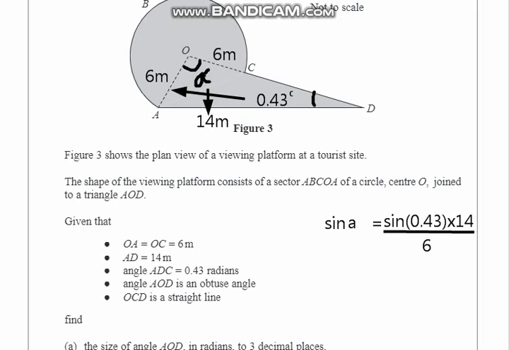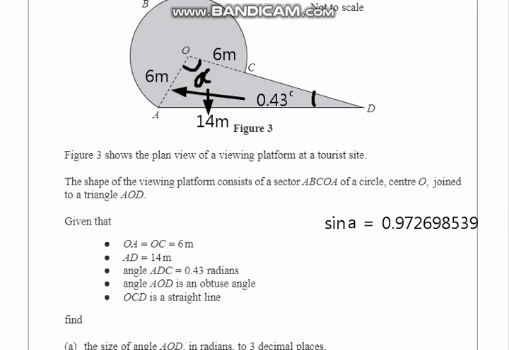First, make sure that your calculator is in radian mode, and to find the angle we use the sine inverse function. First press shift and then press sine, and that will give you the sine inverse function.